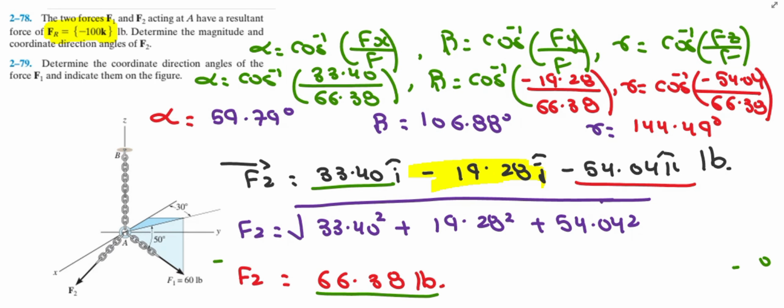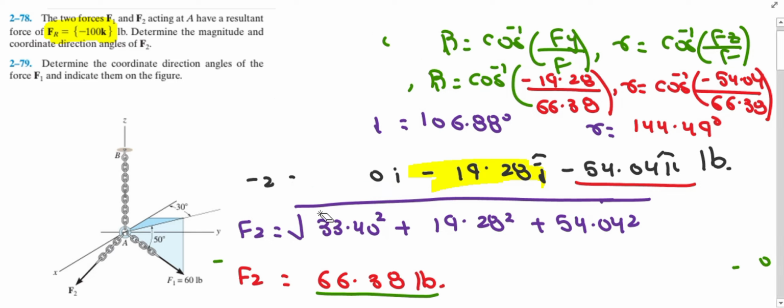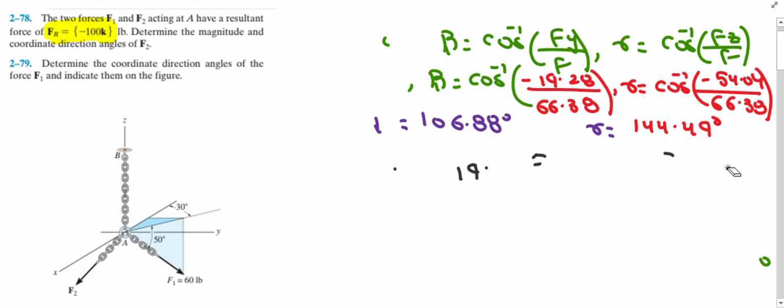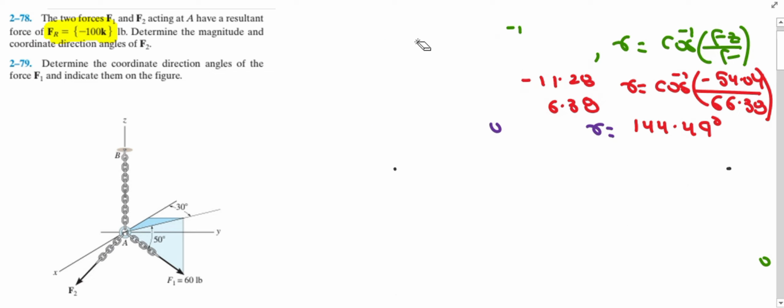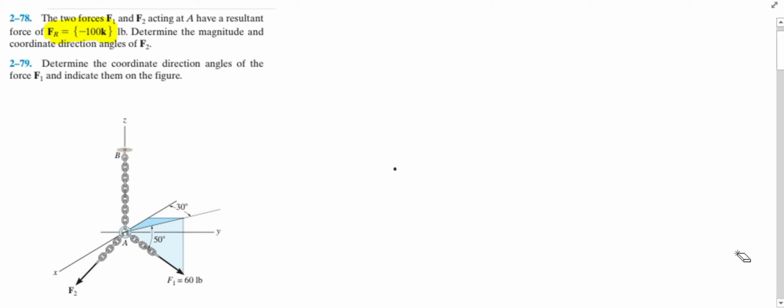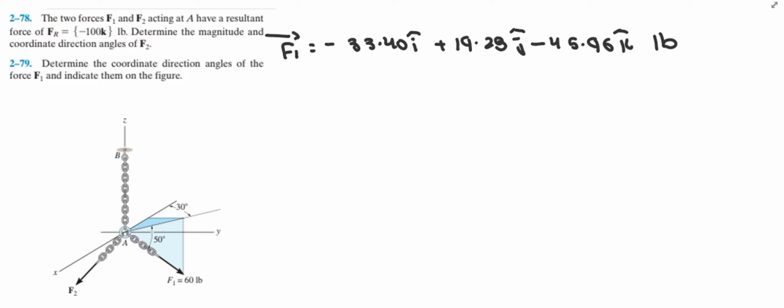But what about question number 279? For question number 279, we know the vectorial form of F1. So I erase some extra things from here. This is basically the vectorial or the Cartesian form of F1.